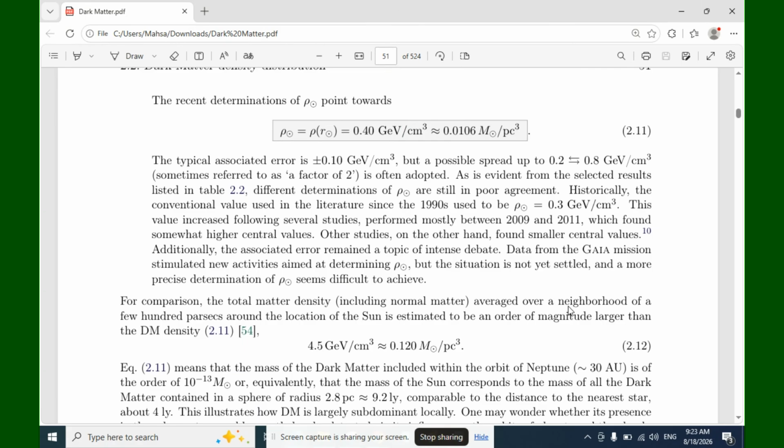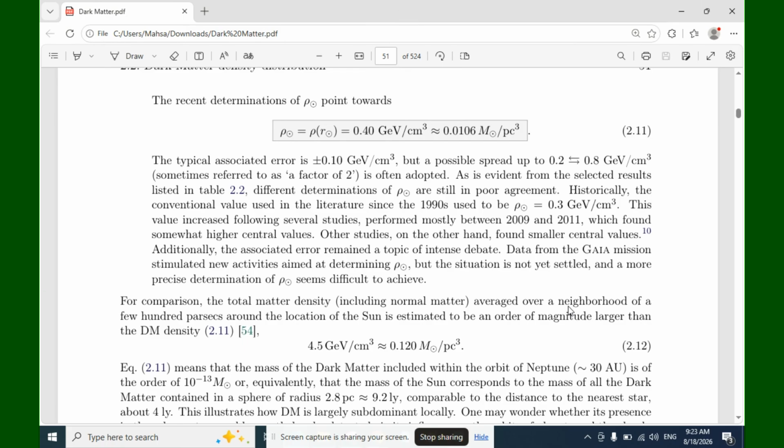The typical associated error is about plus or minus 0.10 GeV per cubic centimeter, but a possible spread of up to 0.2 to 0.8 GeV per cubic centimeter, sometimes referred to as a factor of 2, is often adopted, as is evident from the selected results listed in Table 2.2.